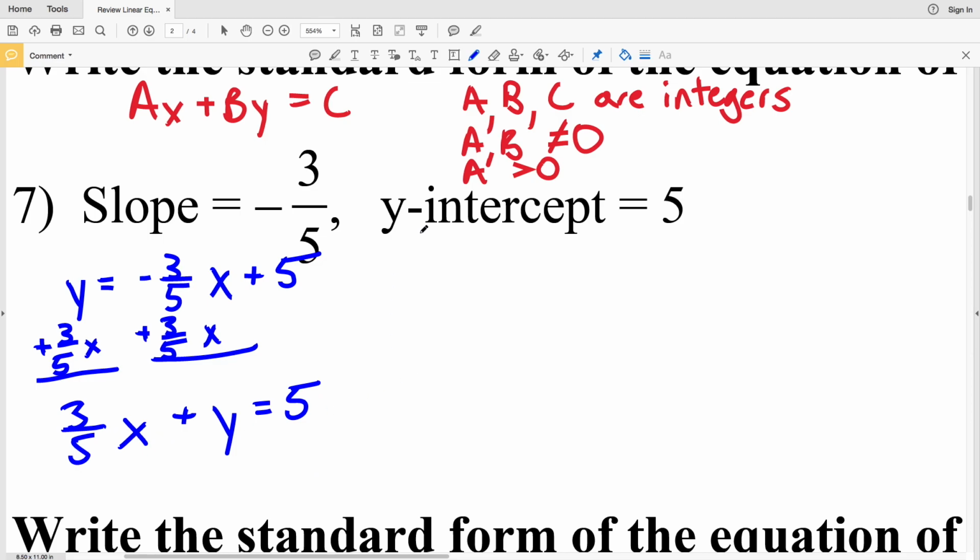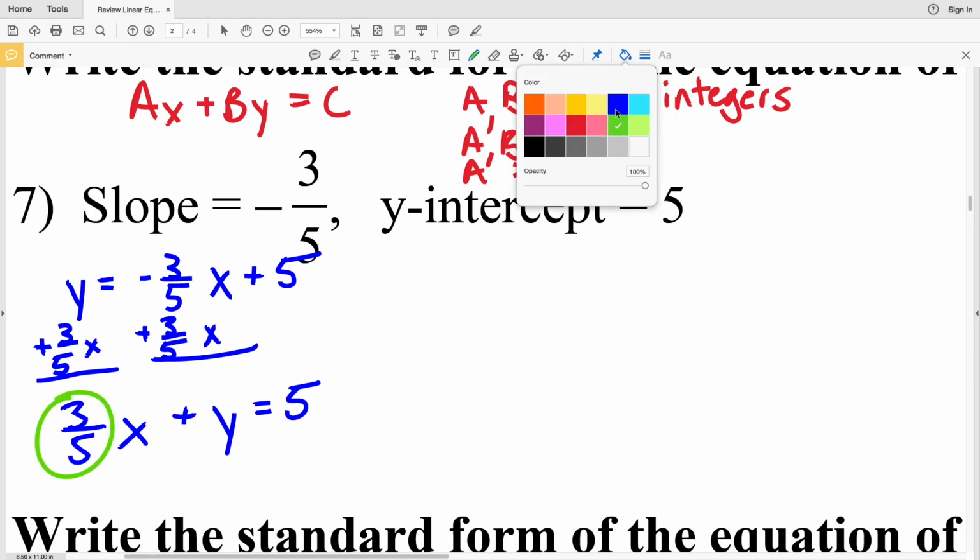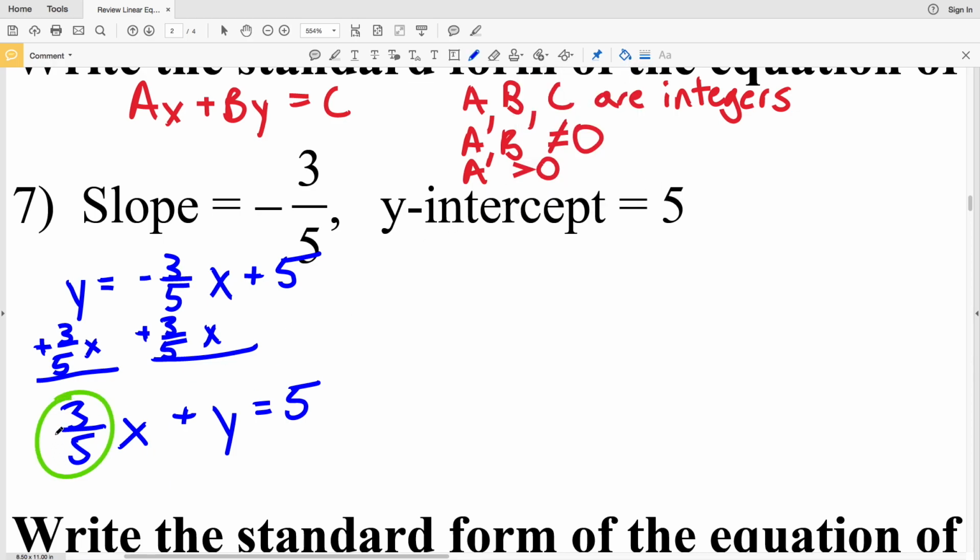Now remember, a, b, and c all have to be integers, and currently a is not an integer. In order to fix that, we're going to multiply by 5 to get the 5 out of the denominator. So multiplying both sides of the equation by 5, we're going to have to distribute the 5 on the left-hand side. So the 5 gets multiplied to the 3/5 x, and it gets multiplied to the y.